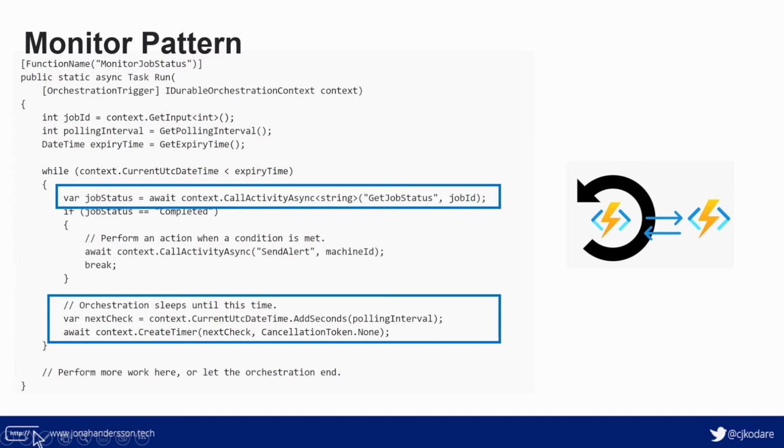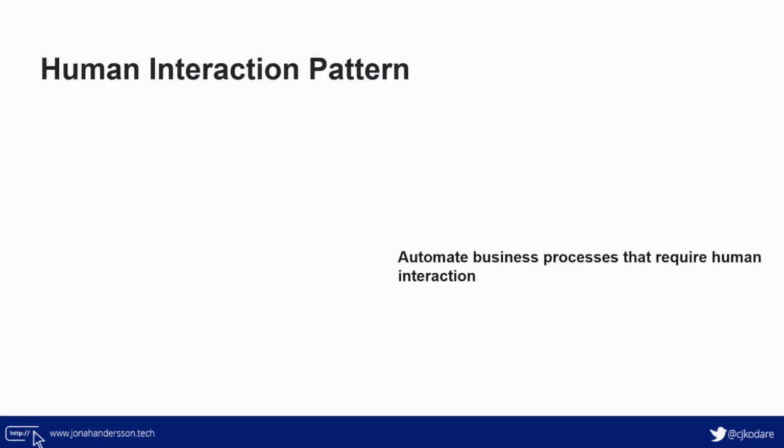As we notice here, when the orchestrator is waiting for that time, it's going to sleep until the next check. It's going to wait for the next event for the monitoring activity that it needs to do.